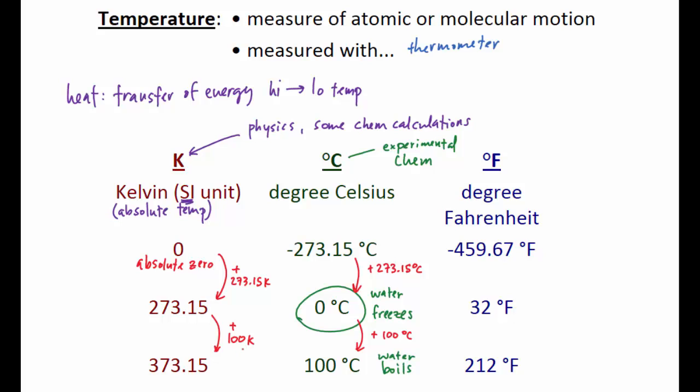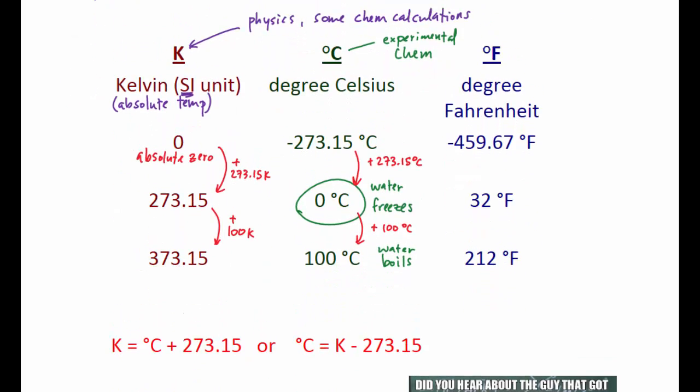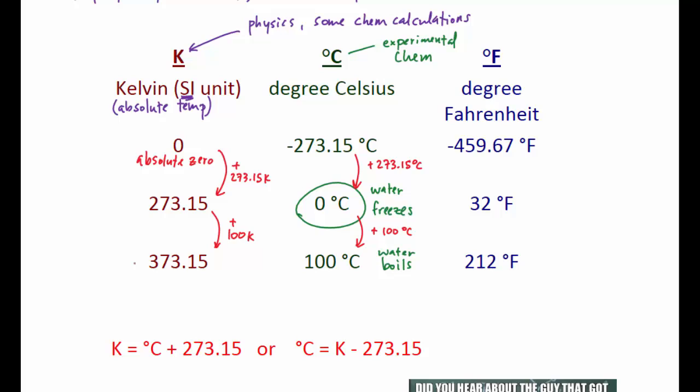So if you look at the distance or the difference between two temperatures on either the Kelvin or the degree Celsius scale, those differences are the same. That means, let's just draw a little bracket here, that Kelvin and degree Celsius have the same size unit. Okay. That means the unit itself is the same size.